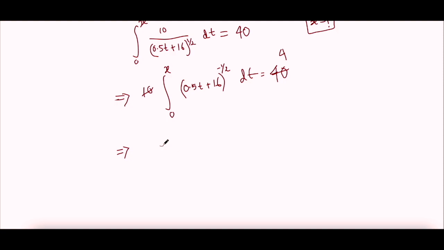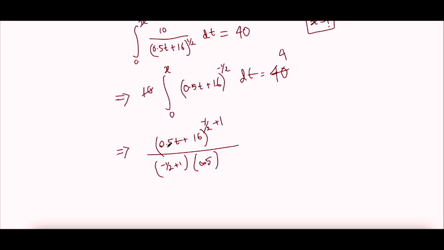Now integrate this. What will it be after integrating? (0.5t plus 16) whole to the power minus half plus 1, divided by minus half plus 1, into what will be inside this bracket? 0.5 comes from where?